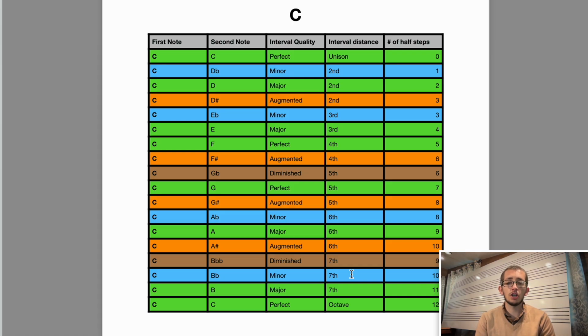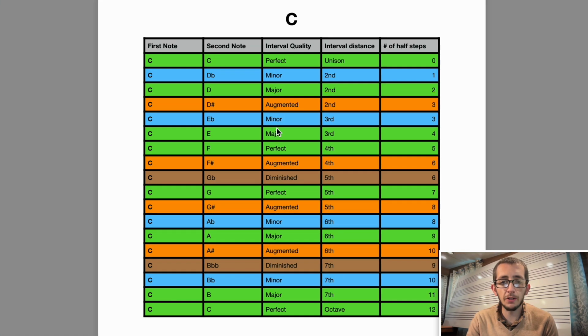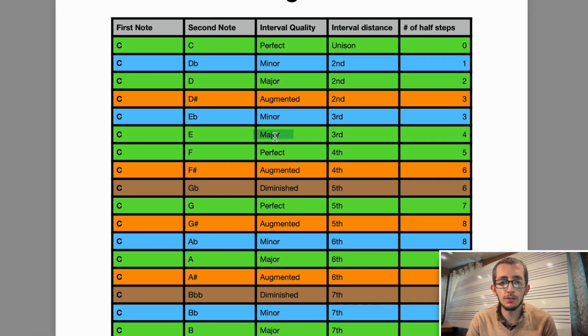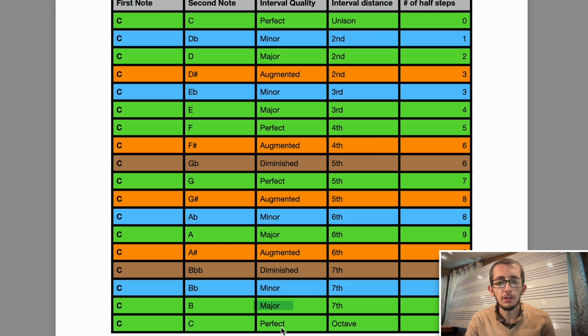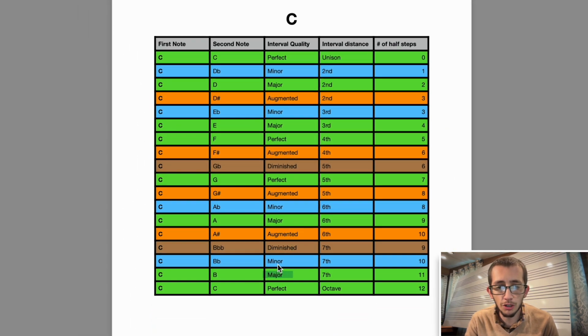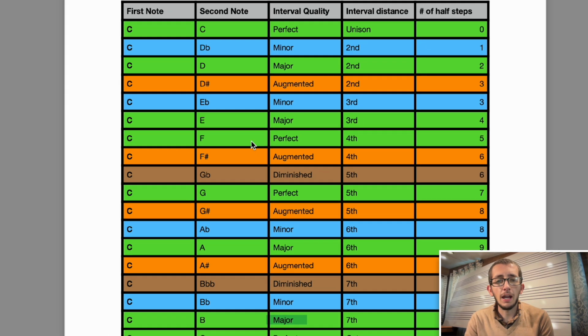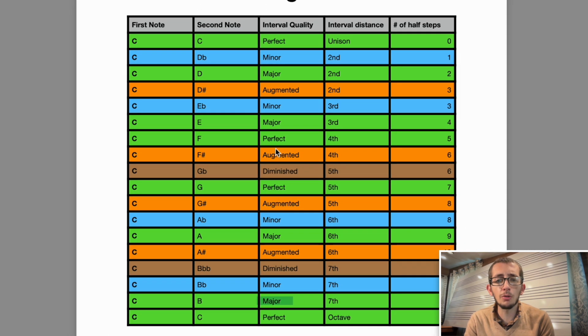Minor intervals are just major intervals lowered by a half step. So before every major interval in the chart, so major interval right there, major interval right there, major interval right there, and a major interval right there, you will see a minor interval. And also, I've got the four most common augmented intervals and the two most common diminished intervals listed in this chart as well.